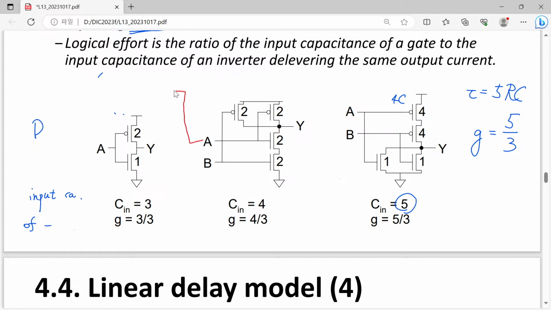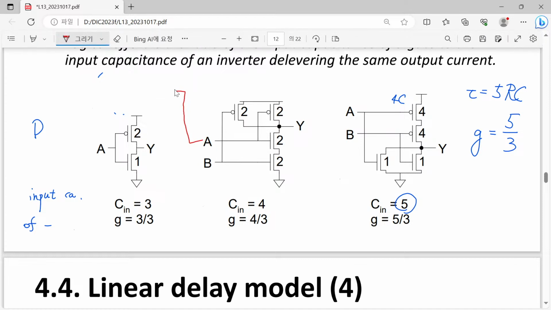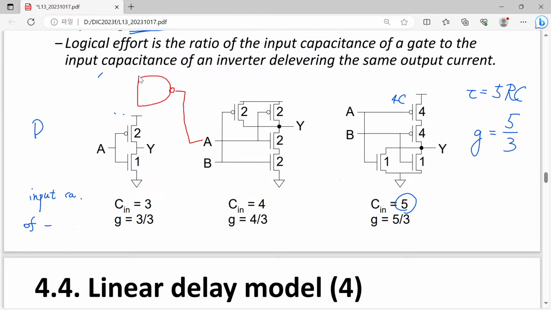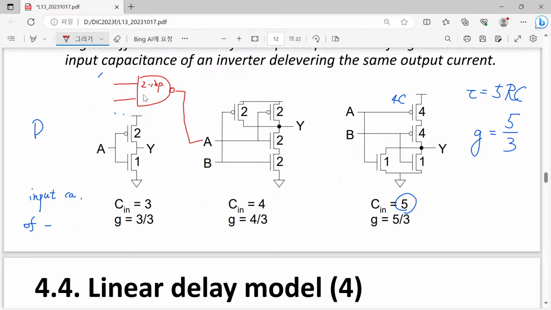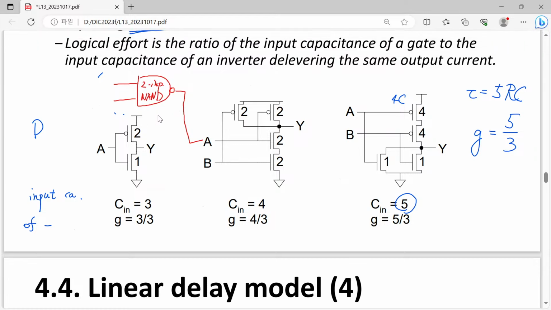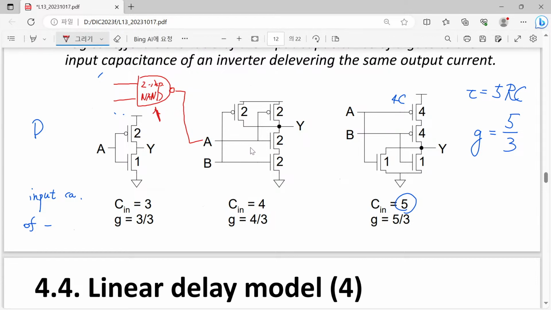This is the input of our load gate, and here we have another NAND gate. This is a 2-input NAND gate, and our R should be evaluated from this one, not from this one.